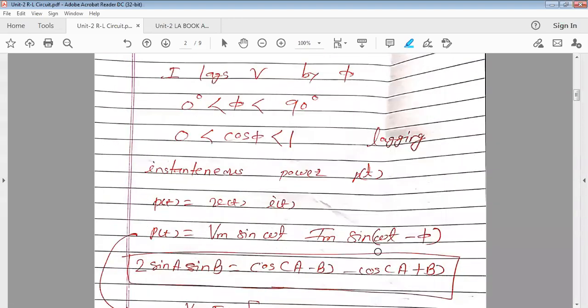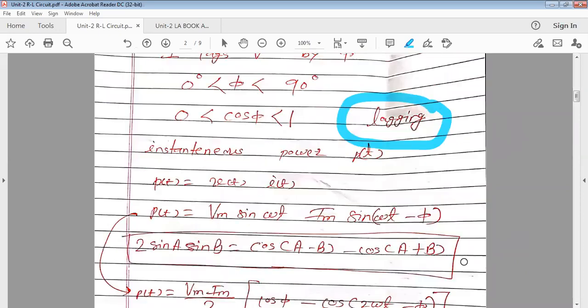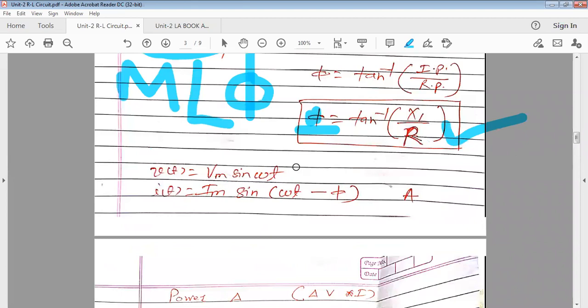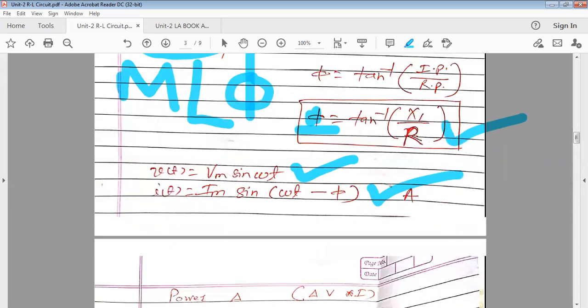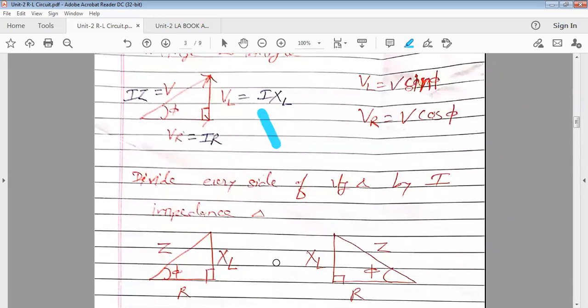See here, nature of power factor for series RL is always lagging. So this is the voltage and current equation. We have seen Vm sin omega t, Im sin of omega t minus phi, volt and ampere. Now, whatever is the voltage triangle, if we divide it by current, what we get? Impedance triangle, isn't it? This one we have seen.